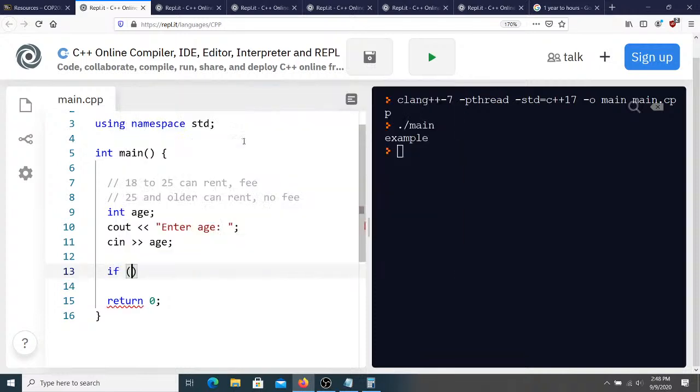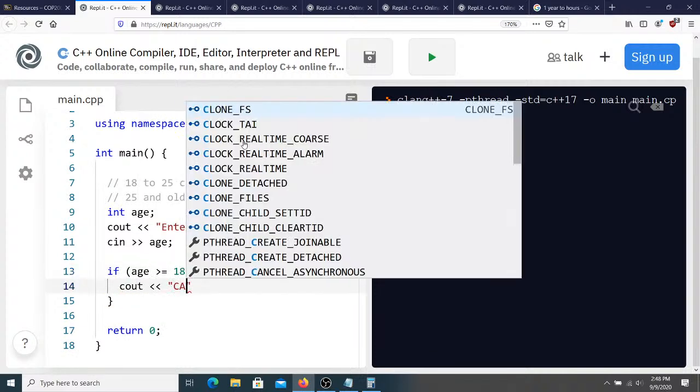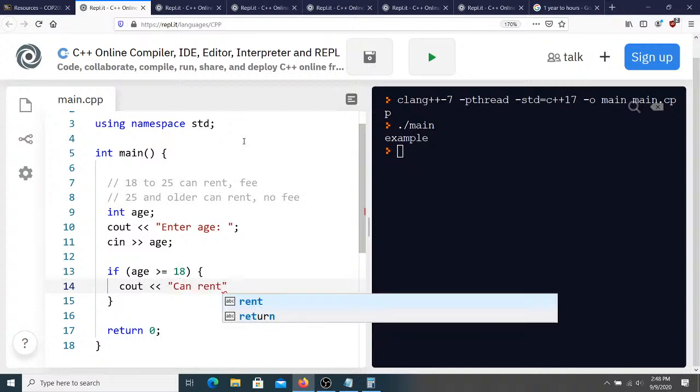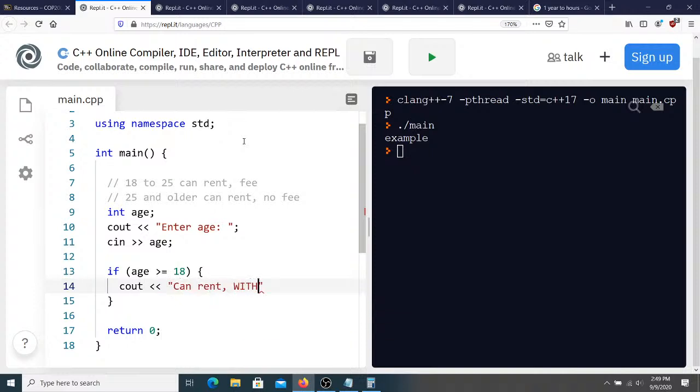And so we start going through our logic. We say, okay, if age is greater than or equal to 18, they can rent, but they have a fee.